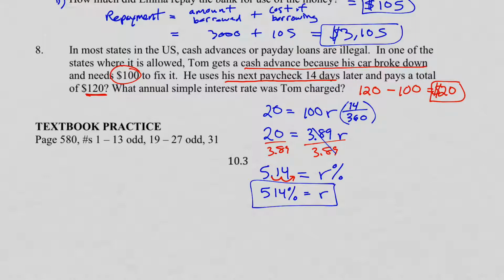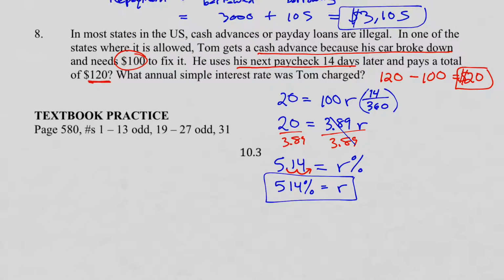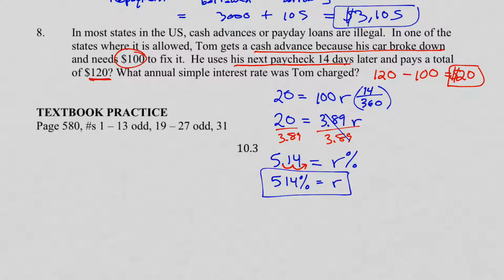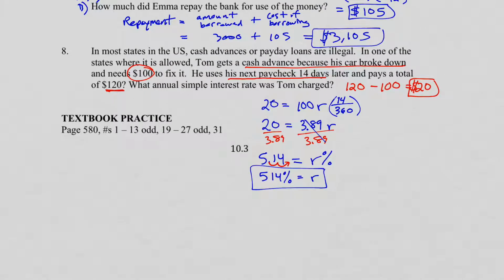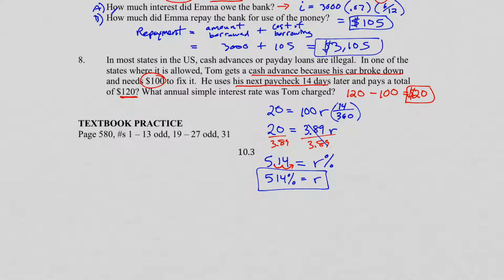So this is definitely something you want to avoid because of the extremely high interest rate. You're better off using a credit card or going to an actual bank to borrow the money, or to a friend. So that is it for the notes.